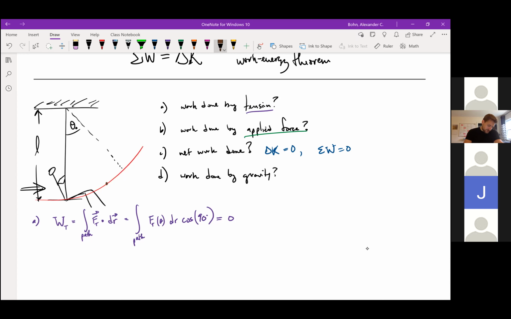Let's draw it for some arbitrary angle theta. What forces act? Well, we've got gravity, the tension in the string or the rope or whatever, and the applied force.